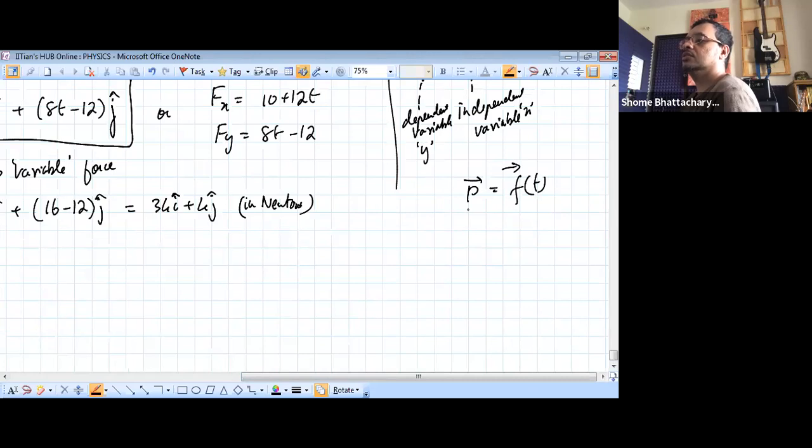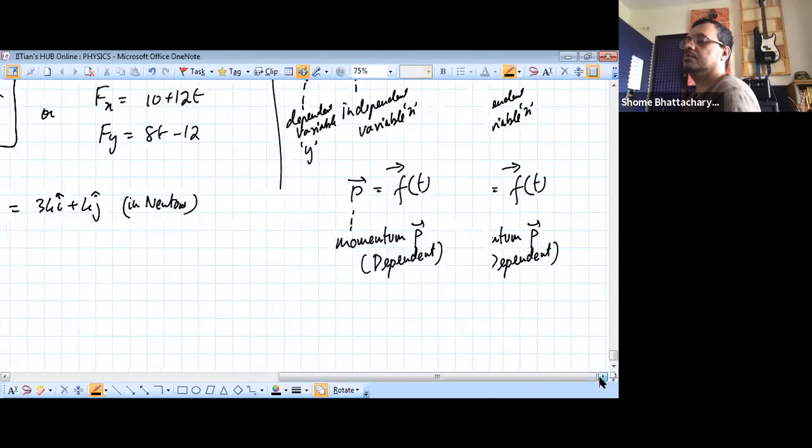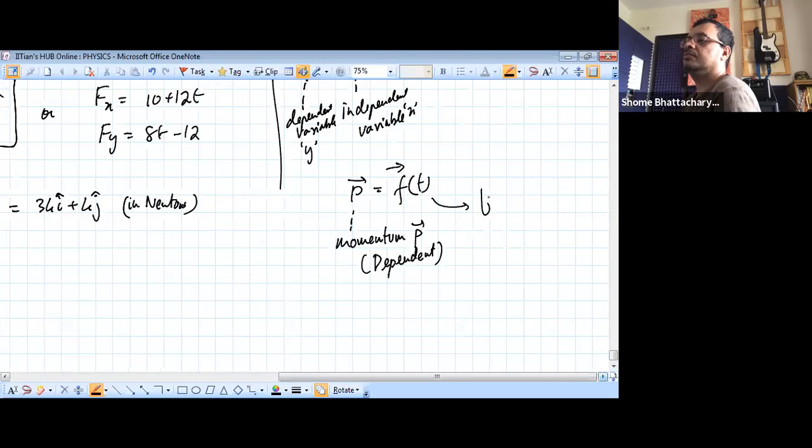So this is momentum, the dependent variable. It depends on what? The independent variable of time. It is a function of time t, where time t becomes the independent variable.